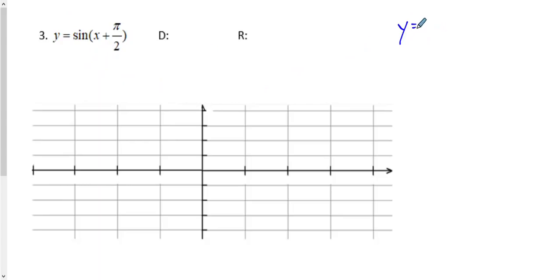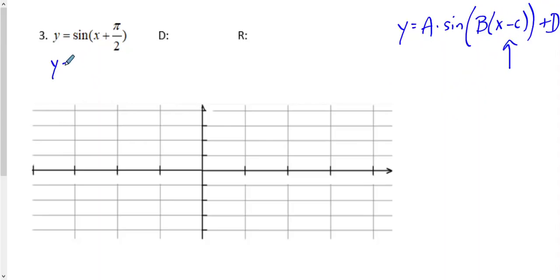So let's put over here, just as a reminder, the standard form of this equation, a times sine of b times x minus c plus d. So because we're looking at an x minus c here, I'm going to rewrite this so that it says y equals sine of x minus negative pi over 2. And now we can see the true nature of the shift. We are actually going pi over 2 to the left.